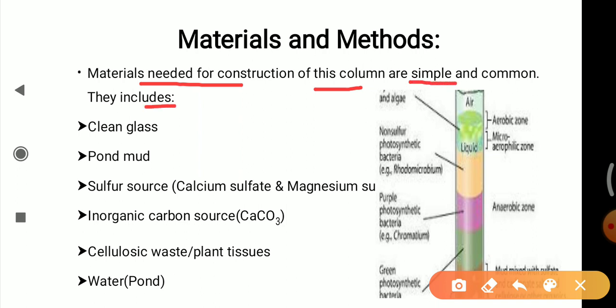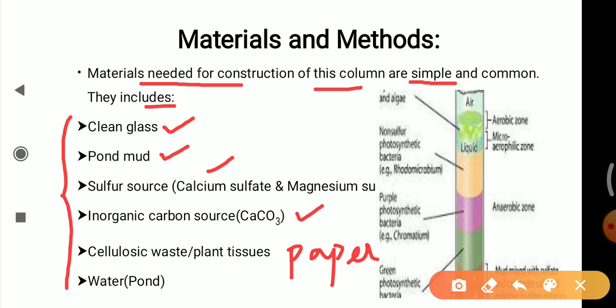They include a clean glass cylinder, pond mud, a sulfur source such as calcium sulfate or magnesium sulfate, an inorganic carbon source such as calcium carbonate, cellulosic waste or plant tissues, where we can take paper as an example, and pond water. These are all the ingredients we require to construct the column.